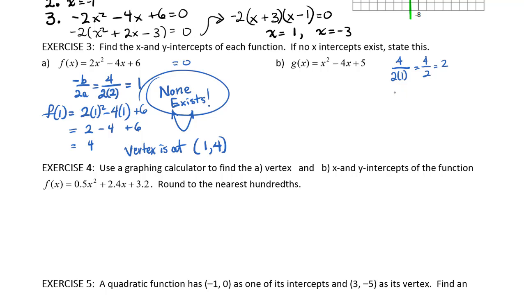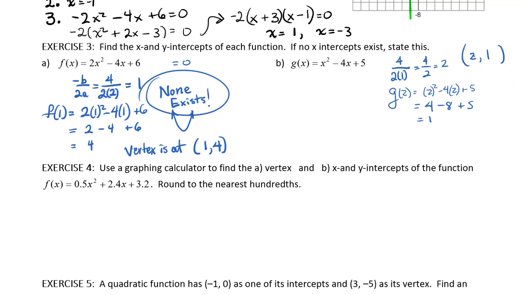If we find g of 2, this will be 2 squared minus 4 times 2 plus 5. Or 4 minus 8 plus 5. This is equal to 1. My vertex is at 2, 1.